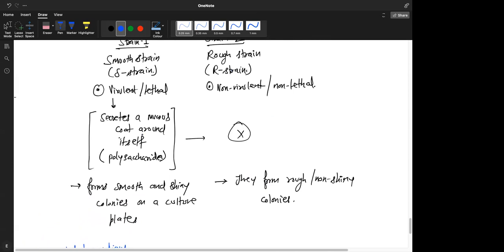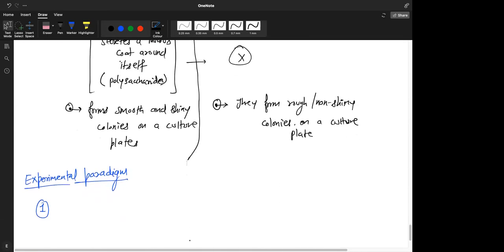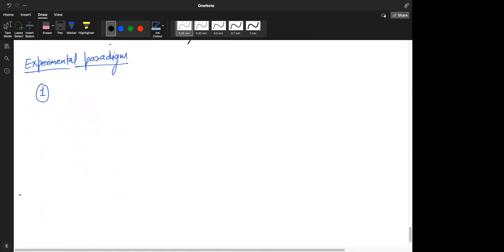Yes, because our strain does not have a mucus coat around. So when you culture them on a Petri plate, they form non-shiny colonies. It means nothing. I'm just telling you the properties of these two strains. This is just a bullet point. Yes, sir. There is a division in between, like the difference between the two. Now I'm coming to the experiment, the experimental paradigm.